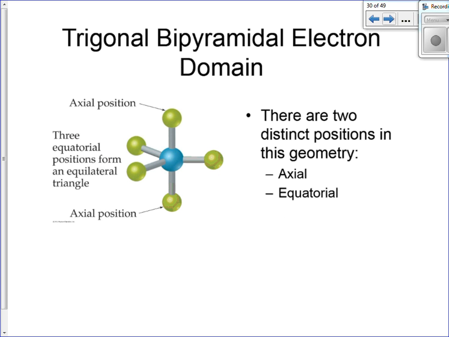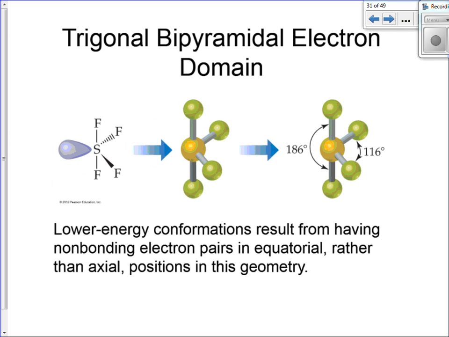Now for the new stuff. Bipyramidal domain. 5 things attached, or 5 things around the central atom. So you have the axial and the equatorial plane to look at and be concerned about. So lower energy conformations result from having non-bonding electron pairs in the equatorial rather than the axial.